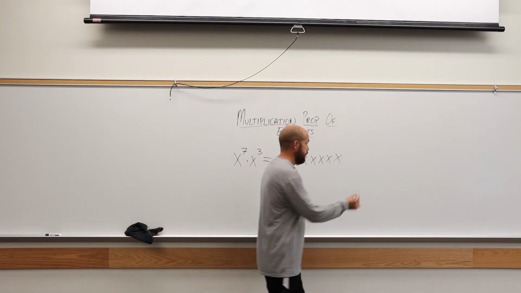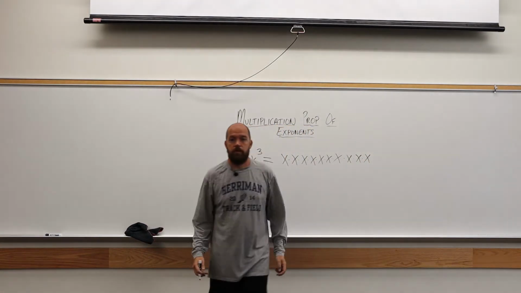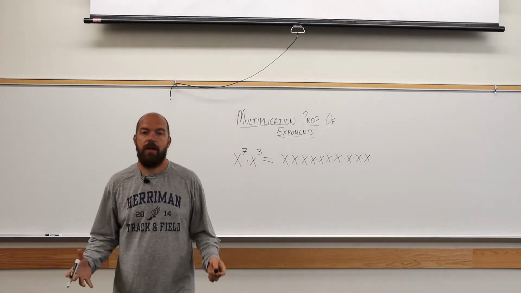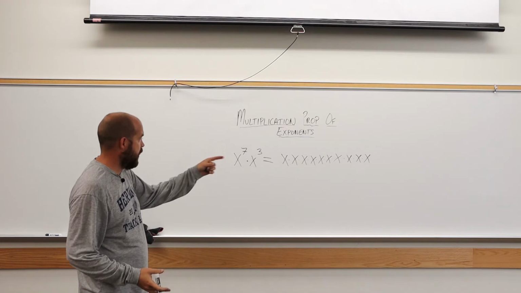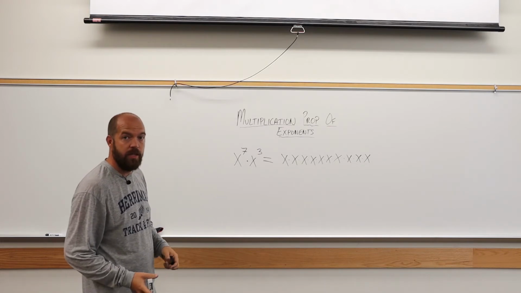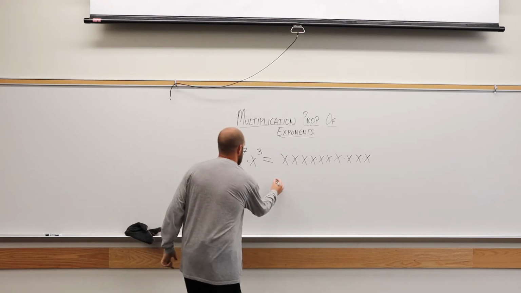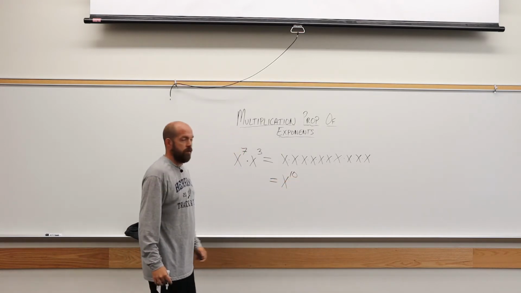And if I go 3 more times, I figure out how many times I had repeated multiplication. I have x being multiplied together 1, 2, 3, 4, 5, 6, 7, 8, 9, 10 different times. And so the shortcut for this is going to be x to the 10th power.